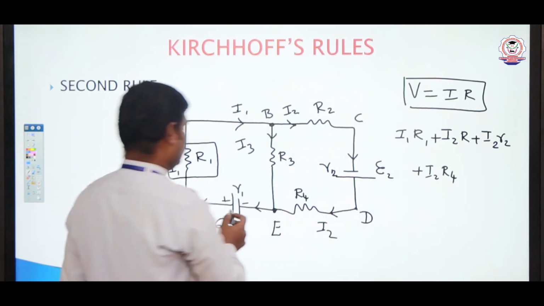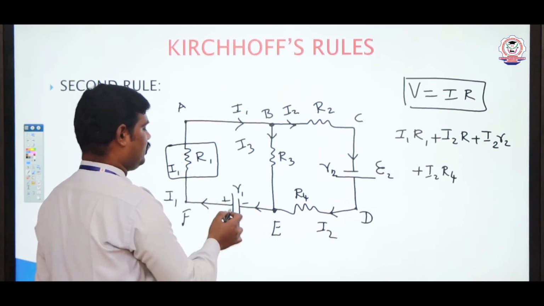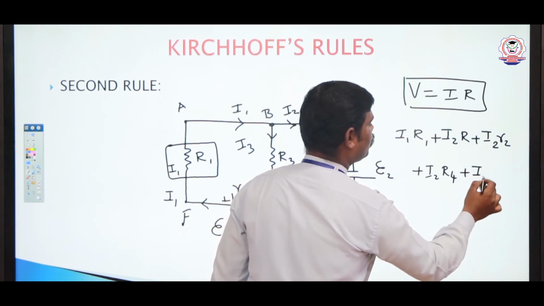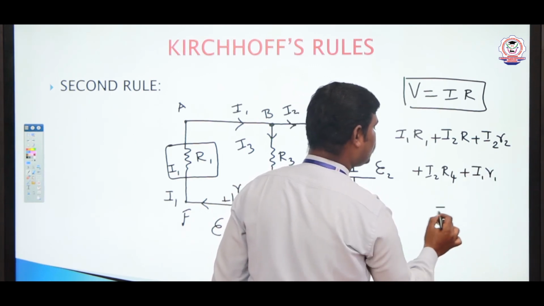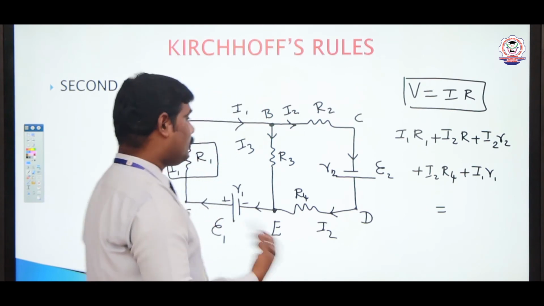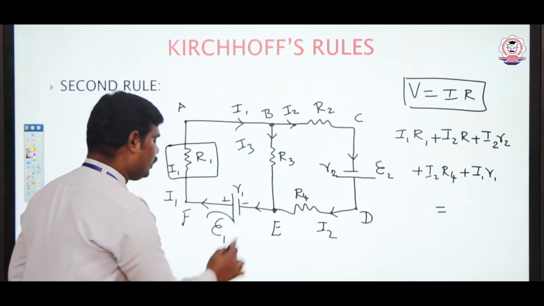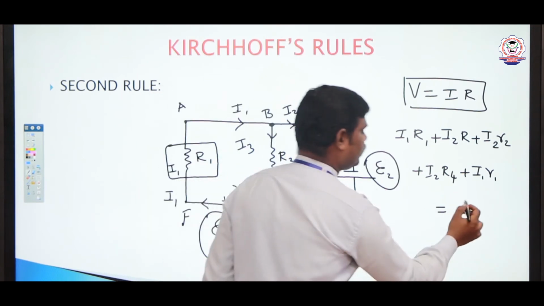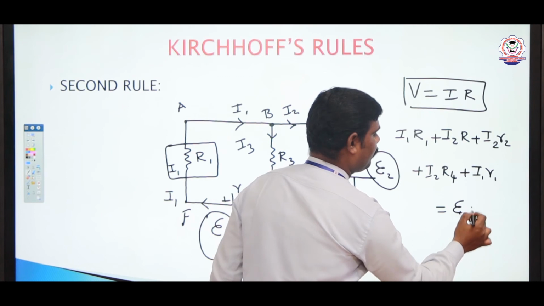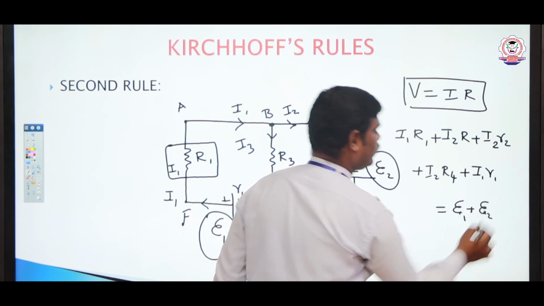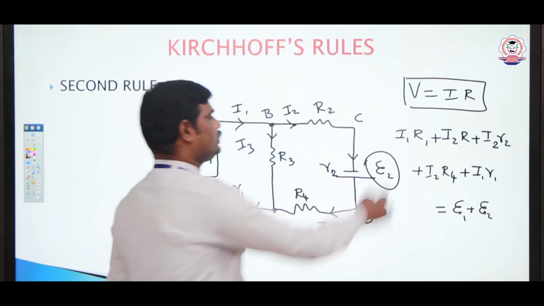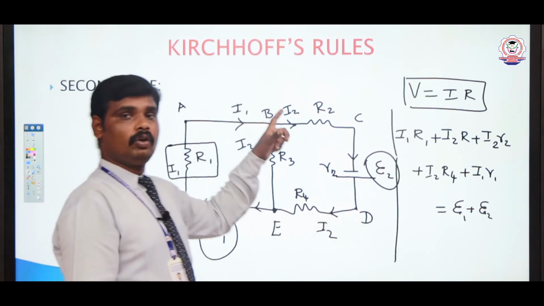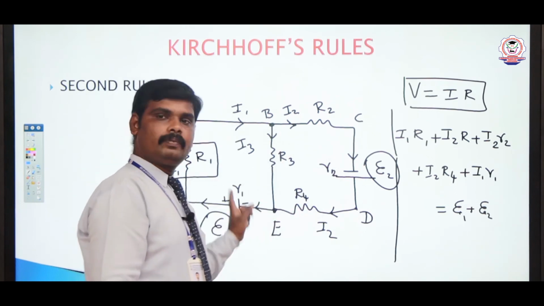Next, the current I1 passes through psi1, so I1 into small r1. It is equal to the sum of the EMFs. We have two EMFs, Xi1 and Xi2, so the sum of the EMFs is Xi1 plus Xi2. This is our formula for the Kirchhoff second rule for this circuit.